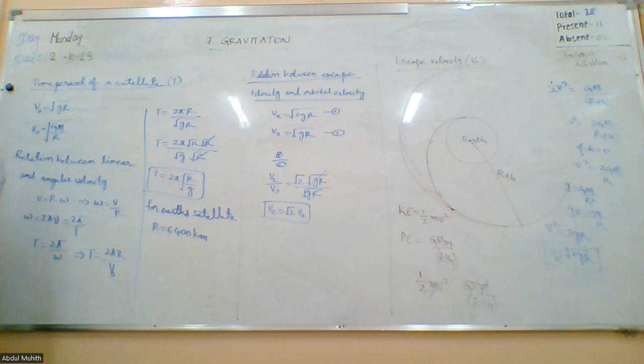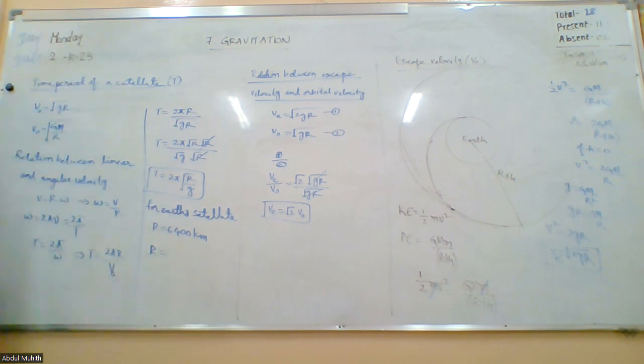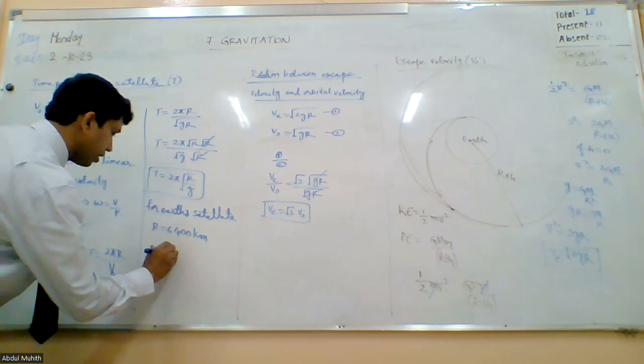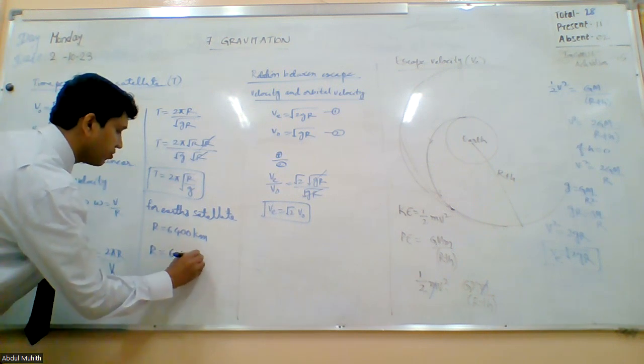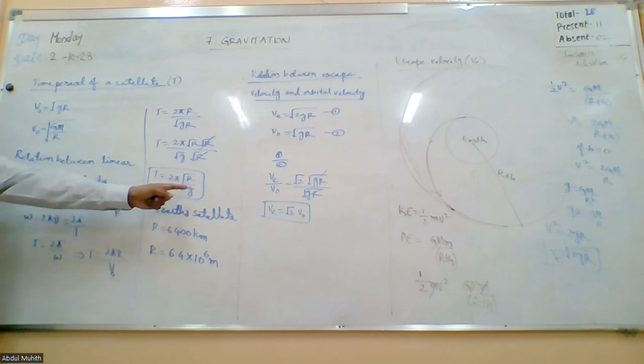Can we convert this kilometers into meters? Yes, into 1,000. So can we write 6.4 into 10 to the power of 6 meters? And instead of 9.8, I will take 10, so that we can go on quickly.